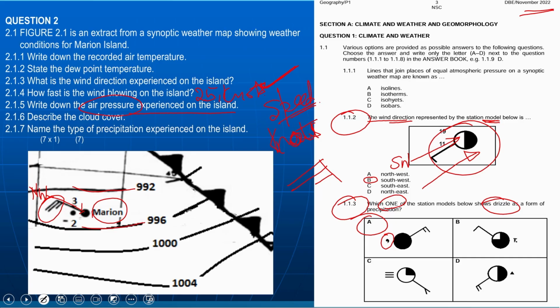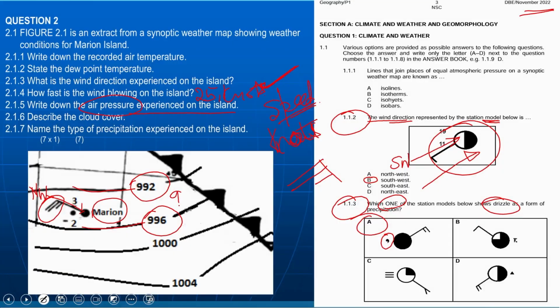The isobaric reading here is 992 hectopascals, and this one here is 996 hectopascals. Naturally, when you look at the position of Marion, it is between the two isobars. So we will accept 994 hectopascals because it is between the two. So that one becomes correct.